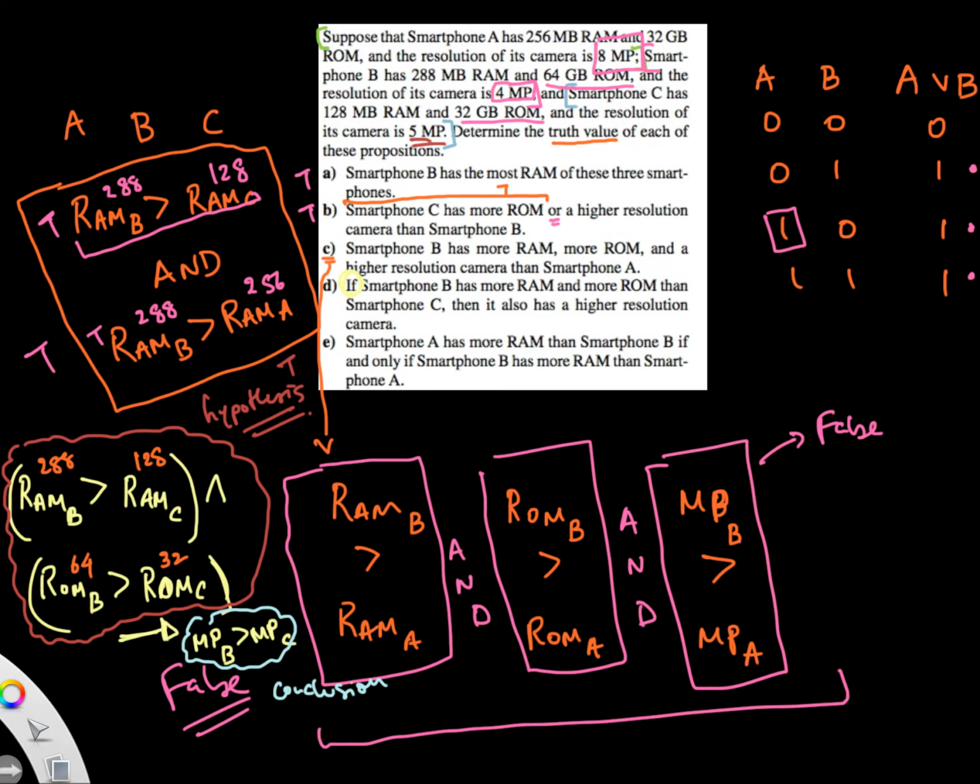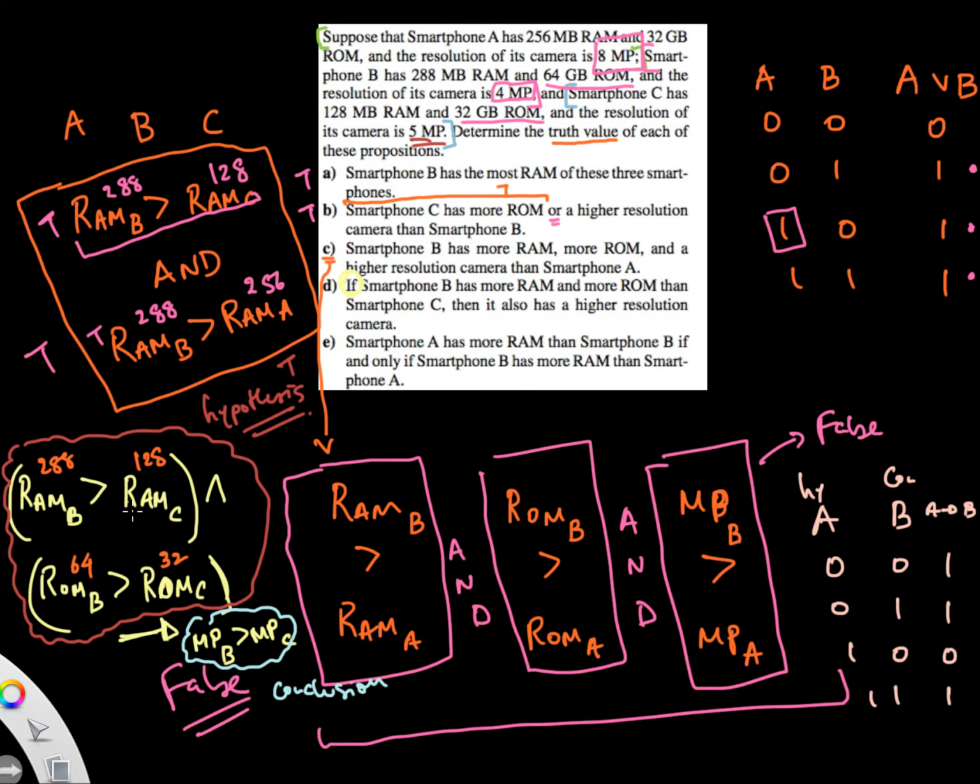So if I look at my truth table quickly for the conditional statement, where A is my hypothesis and B is my conclusion: if A, then B. 0, 0 gives you true, 0, 1 gives you 1, 1, 0 gives you 0, 1, 1 gives you 1.